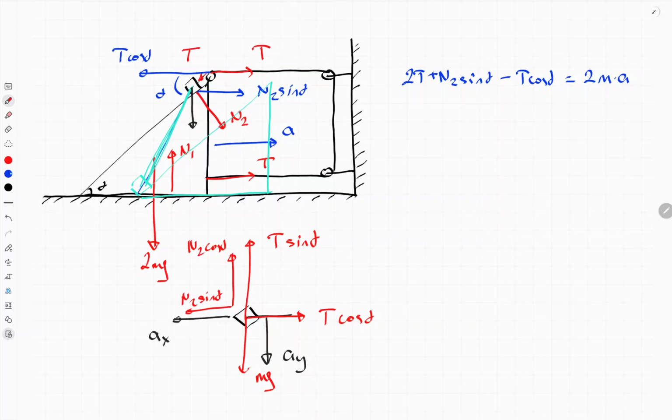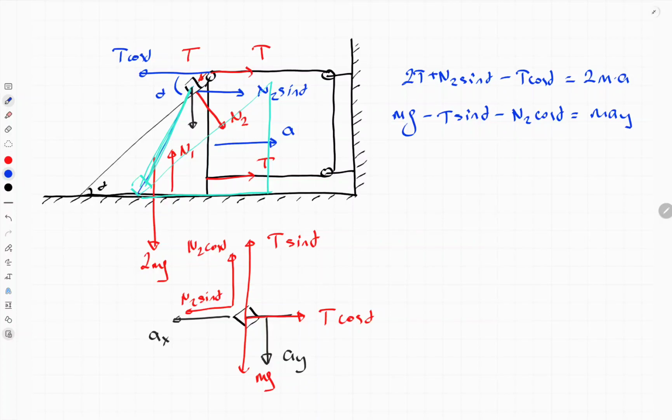Now we can apply Newton's second law in two dimensions. In vertical direction, it will move downward because mg is greater than these forces. That's why it's moving downward. So resultant force in vertical direction, mg minus T sine alpha minus N2 cosine alpha equals mass times acceleration in vertical direction.